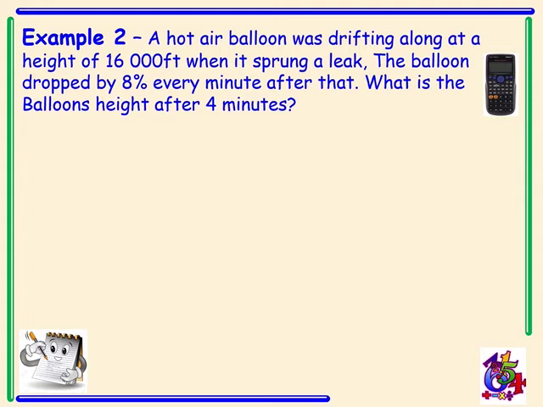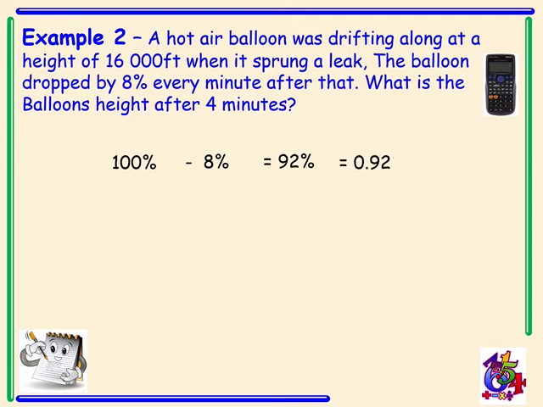Example 2. A hot air balloon was drifting along at a height of 16,000 feet when it sprung a leak. The balloon dropped by 8% every minute after that. What was the balloon's height after 4 minutes? So here we're going down by the same percentage every minute, so the height is decreasing. So we start with 100%, we take away 8%, which leaves us with 92%.